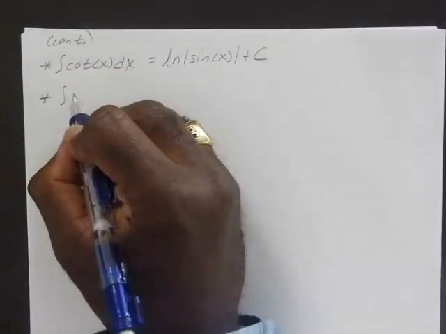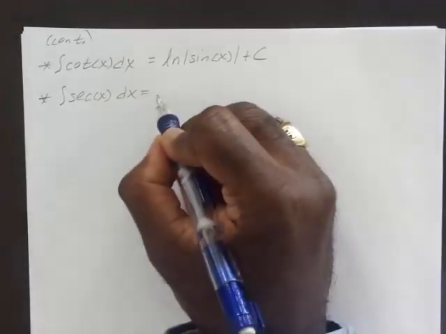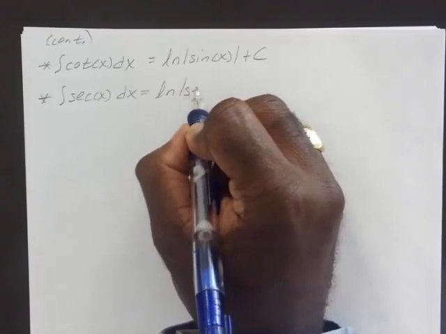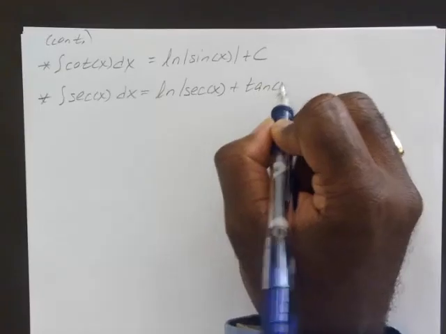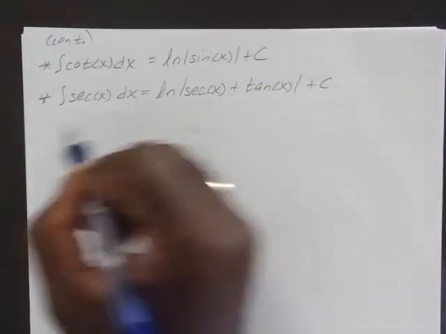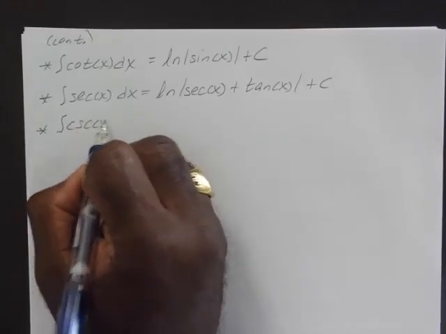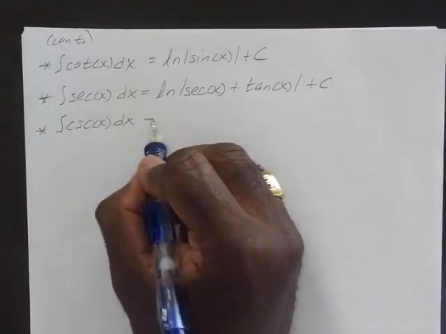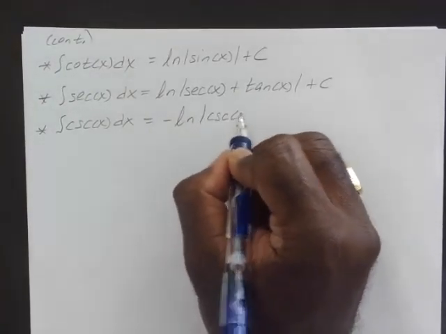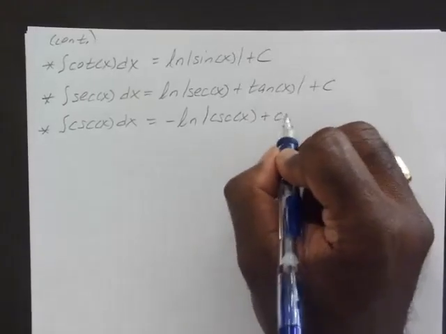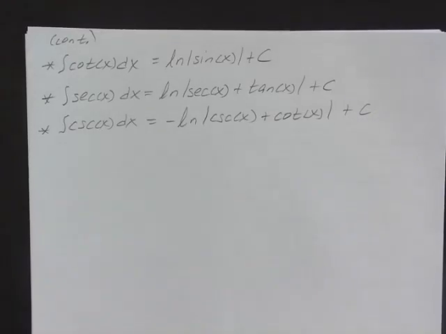We know that the antiderivative of secant of x with respect to x is equal to the natural log of secant of x plus tangent of x plus c. And the antiderivative of cosecant of x with respect to x is equal to the negative natural log of cosecant of x plus cotangent of x plus c.